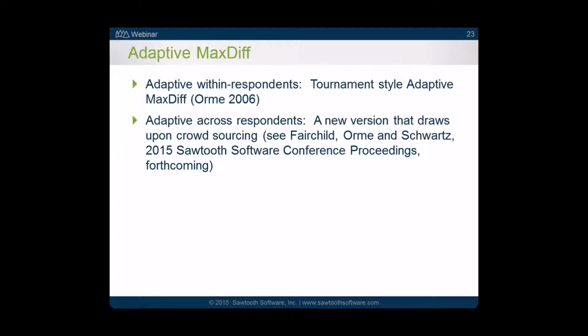And more recently, a paper that was presented at our conference earlier this year described a cross-respondent adaptive version that draws on crowdsourcing. Basically, for the first few respondents that come into the survey, we take their data, we analyze it, we notice what's important to them, and then we do something called importance sampling. So the more important an item is, the more likely the next respondent is to see it in their MaxDiff survey.